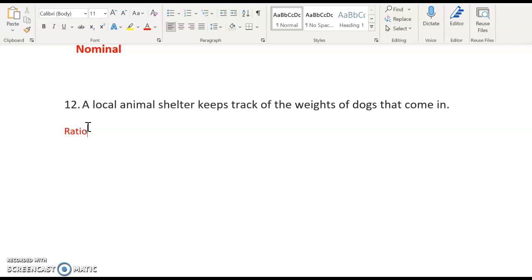And it also makes sense that you could say a 5-pound dog is 1/4 of the weight of a 20-pound dog. So that is why it would be ratio. So hopefully this will help you practice knowing the difference, and you'll practice it even more on the homework. So let me know if you have any questions.